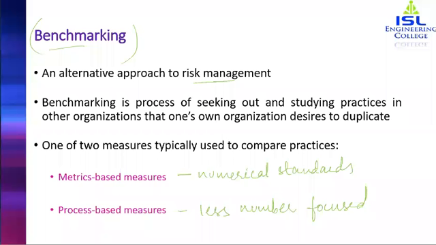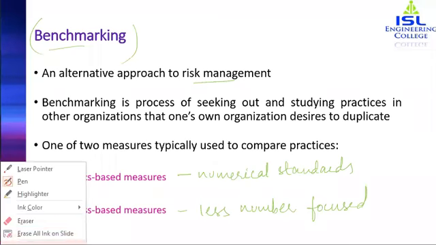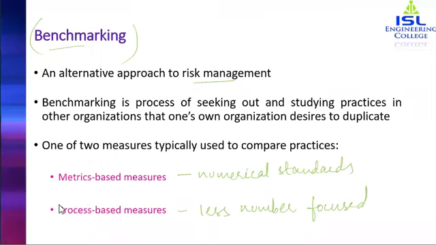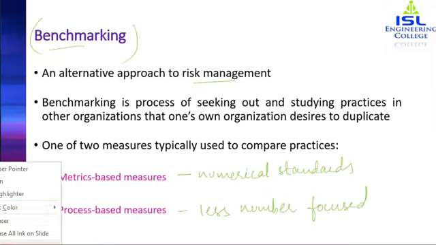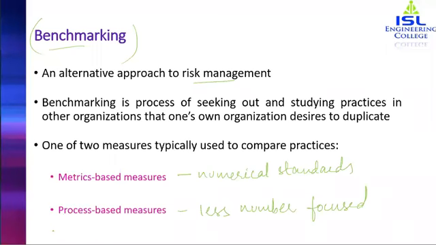Now, coming back to process based measures. As I told you, they are less number focused. Less number focused means it is not going to focus on the numbers. Here, it is going to focus on the different activities that are performed within an organization, the activities that a particular company is performing so that a goal can be achieved.